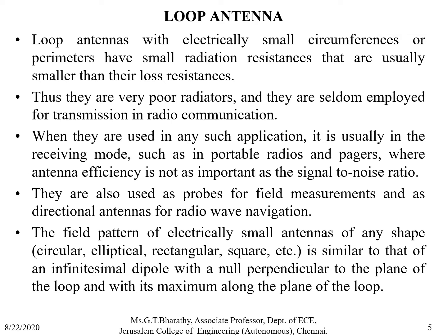They are mainly used in receiving mode, for example in portable radios and pagers, where antenna efficiency is not of great importance. They are also used as probes for field measurements and as directional antennas for radio wave navigation.